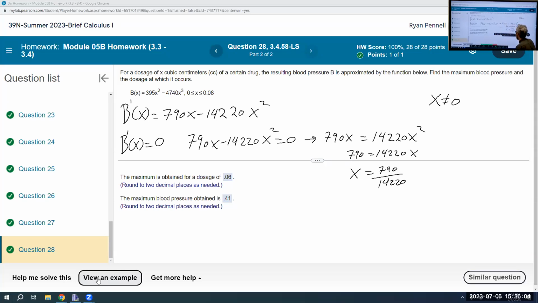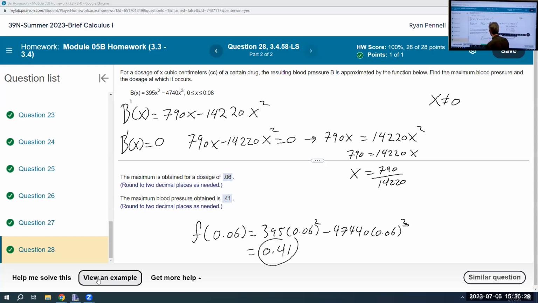After that, just plug that number into the original function. Don't forget to round appropriately.